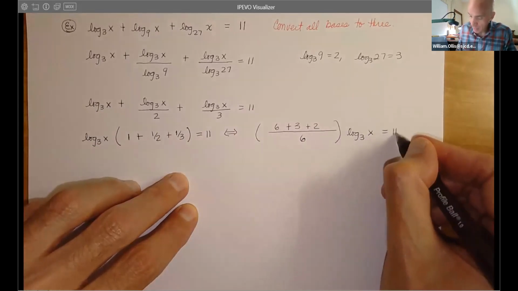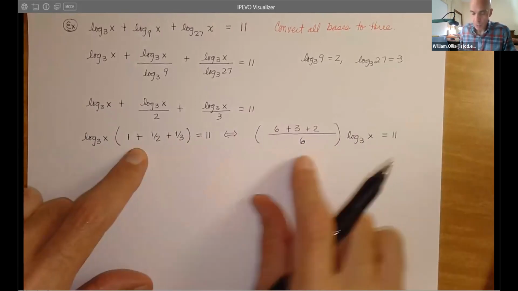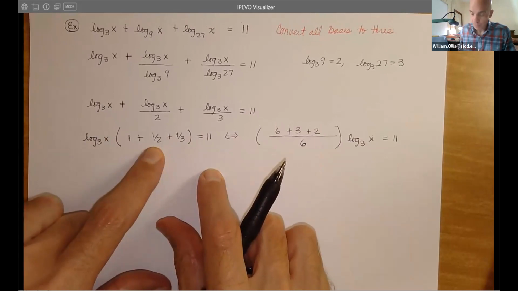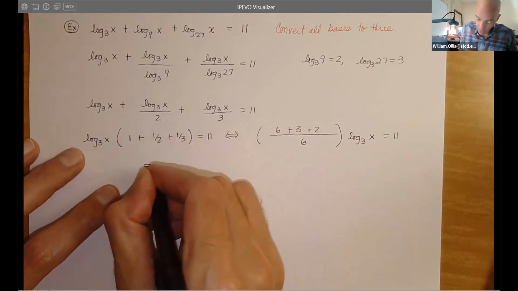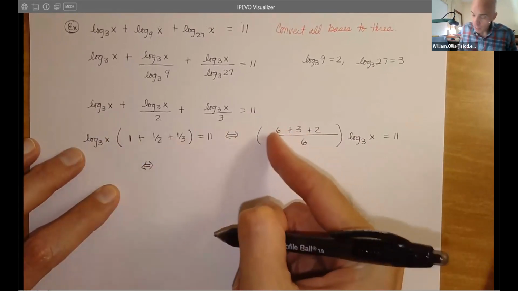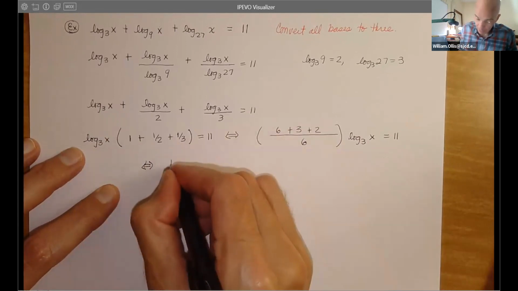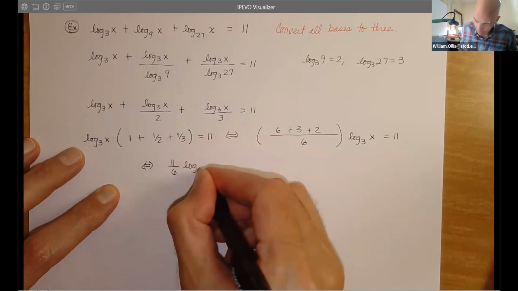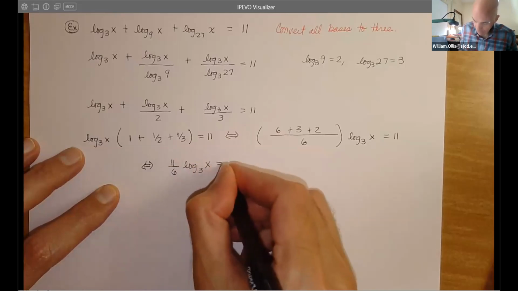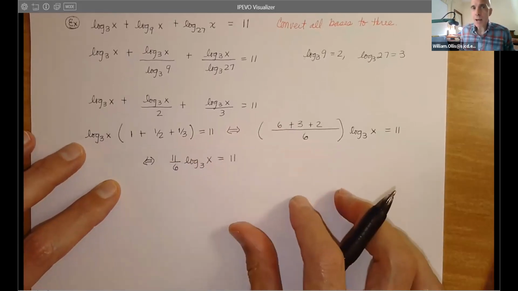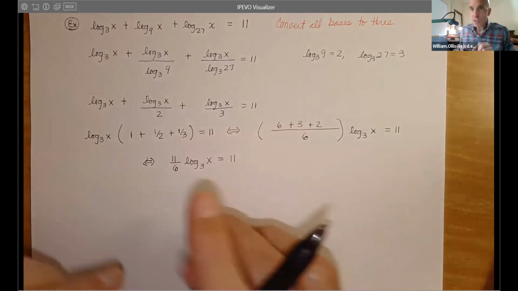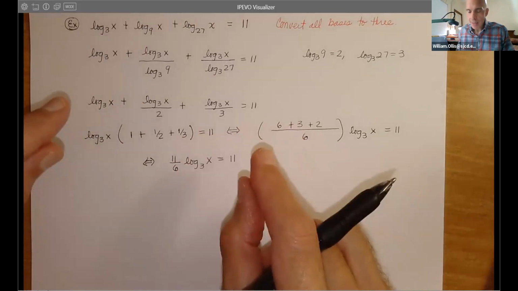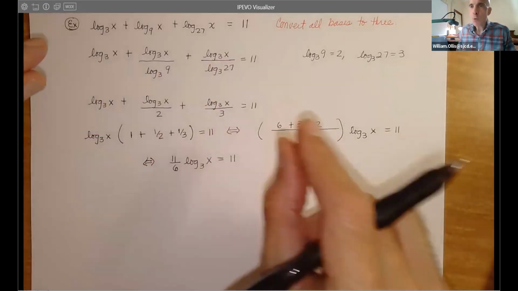So now you can see that this is just a coefficient. So we have this base 3 logarithm of x times this number. So this will give us equivalently, so we got what, 6 plus 5, which is 11. So again, these are easy problems if we simply address what we're doing here in a logical format.